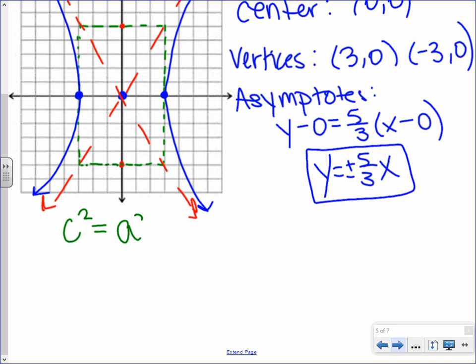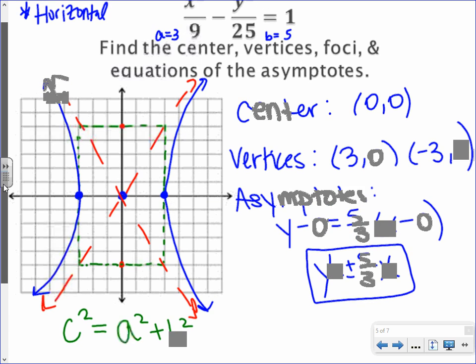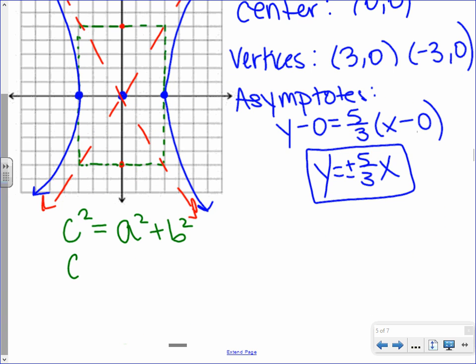This time for a hyperbola, C squared is A squared plus B squared. A squared is 9 and B squared is 25. So C becomes the square root of 34.